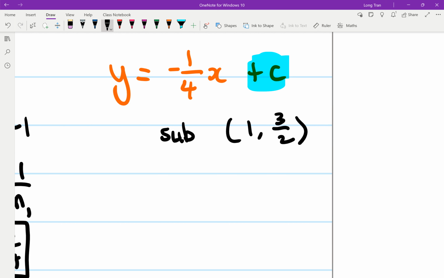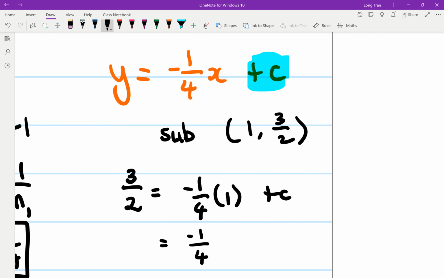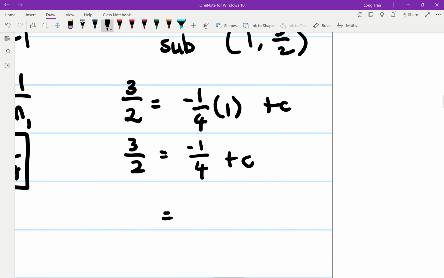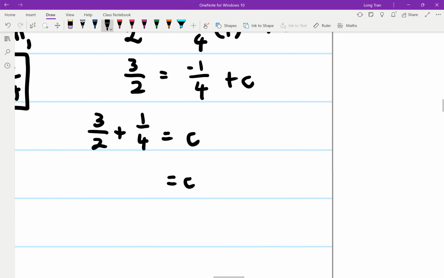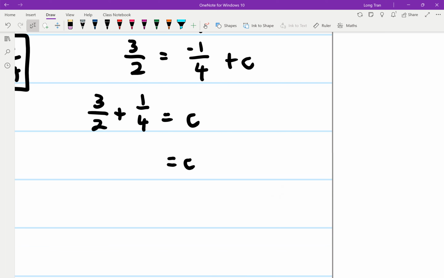So here we go. We do that. This should give you 3 over 2 is equal to negative a quarter times 1 plus c. This is negative a quarter plus c. This is 3 on 2. So to work out c, it must be 3 over 2 plus 1 over 4. Using your fraction skills, what is 3 over 2 plus a quarter?